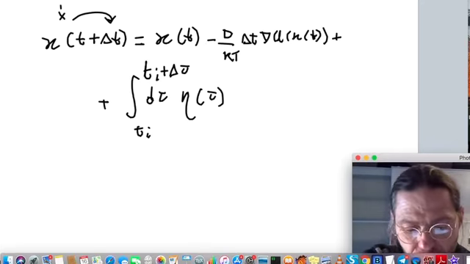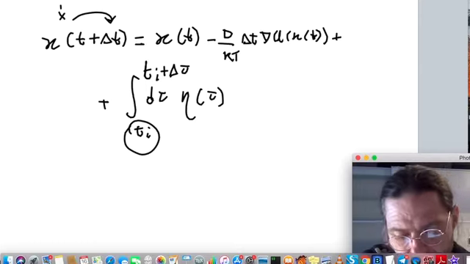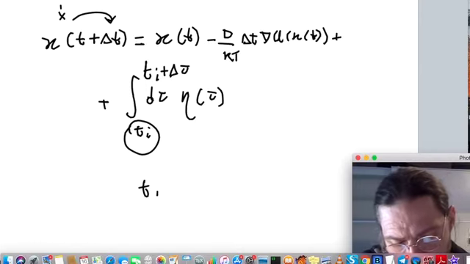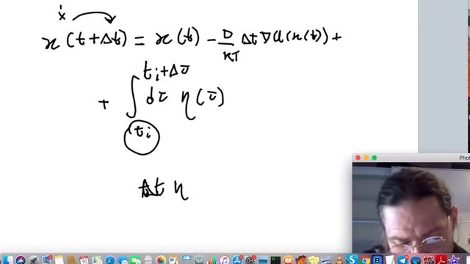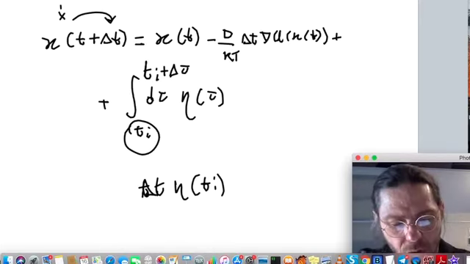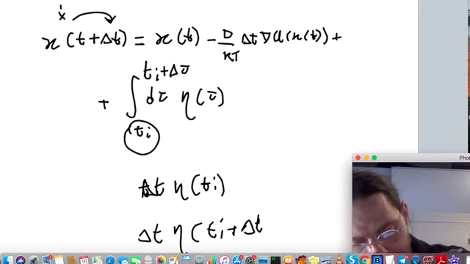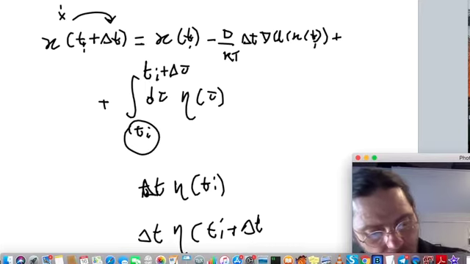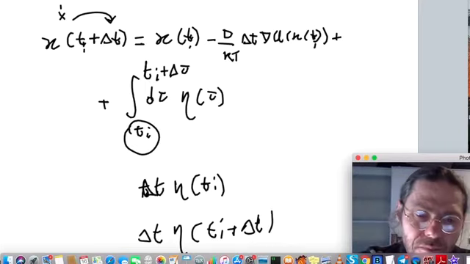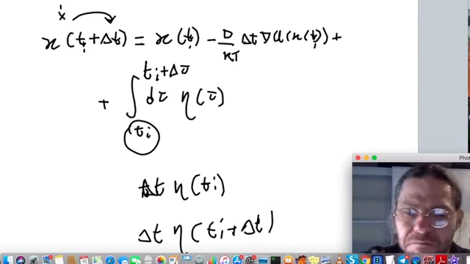I can choose to define this to be delta t eta at t_i, or delta t eta of t_i plus delta t. Let me put an i here. Or in the middle, or use a Simpson rule.